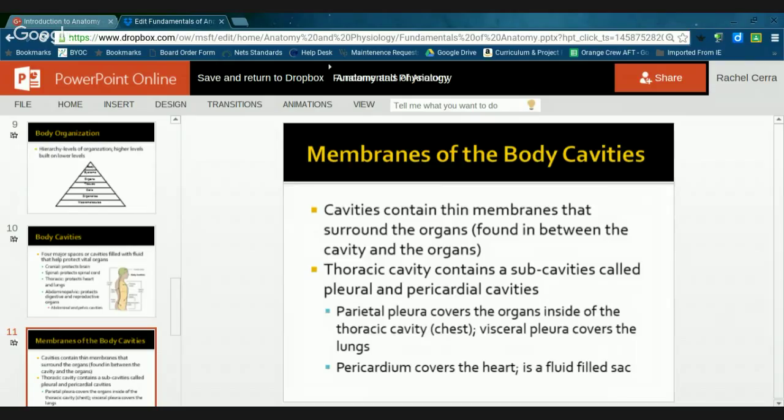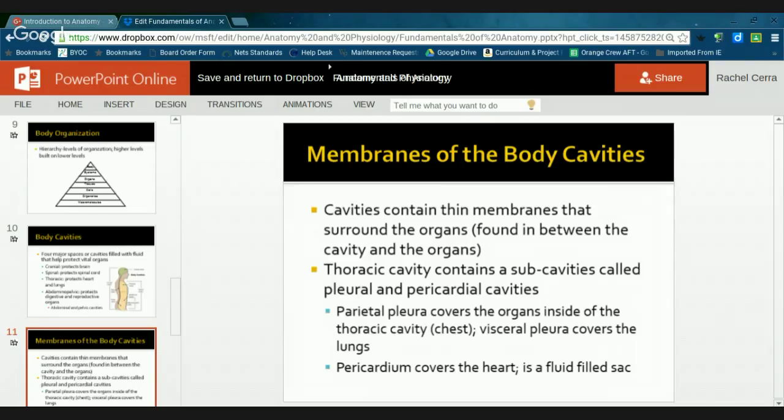So the parietal pleura is going to be that membrane that covers the inside of your thoracic cavity. So it's going to line the inside of that thoracic cavity. Then inside of that, you've got your pleura that goes around your lungs. That's called the visceral pleura. So 2 layers of membranes here.